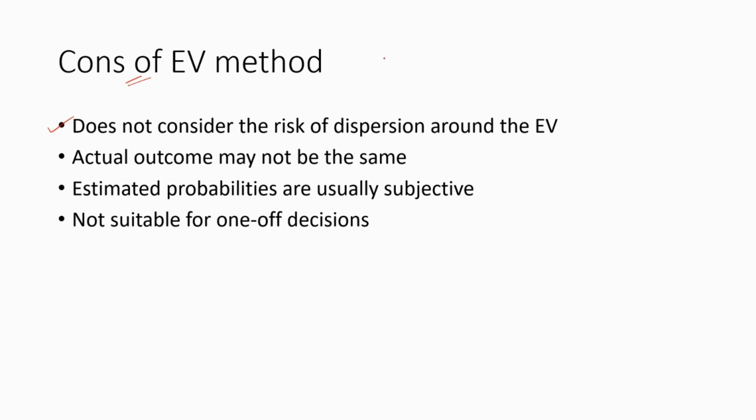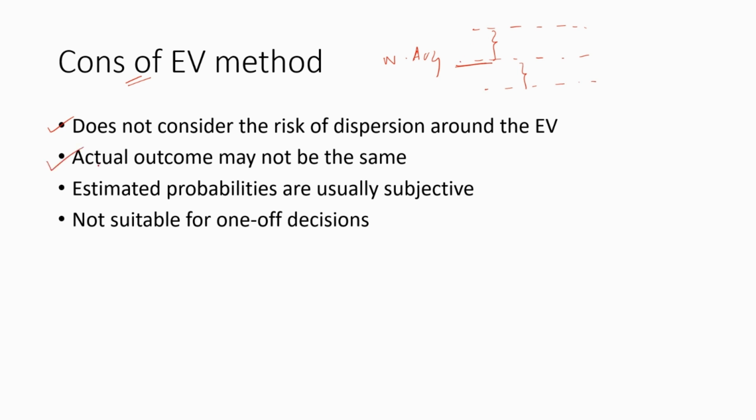We calculate a weighted average, which means it lies in the middle of a data set. There are data above this line, there are data below this line. We did not consider how these data lie around the average line. This is not suitable when it comes to decision making. We have to consider how these outcomes are varying around the average value.